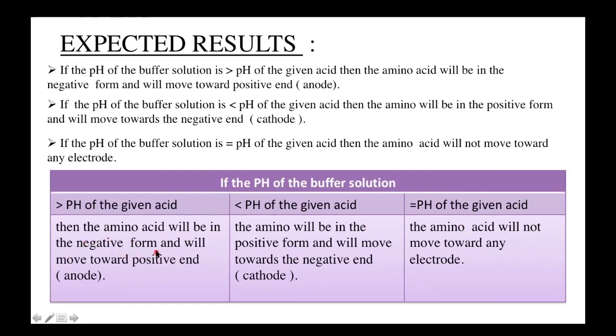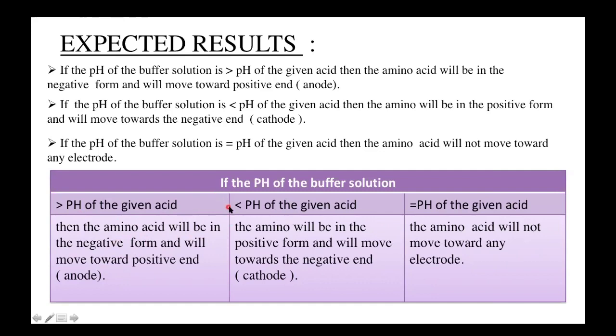If the pH of the buffer solution is greater than the pH of the given amino acid, then the amino acid will be in the negative form and will move towards the positive end, that is, the anode.